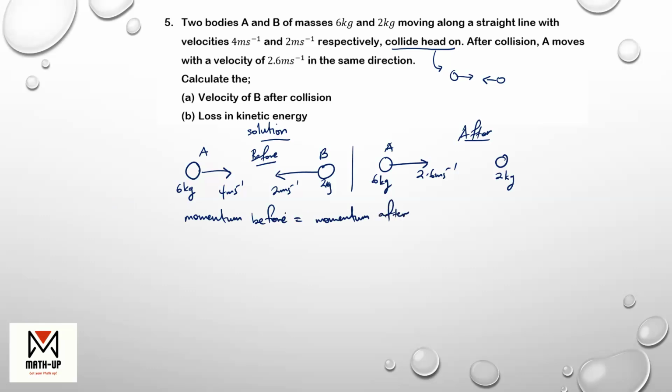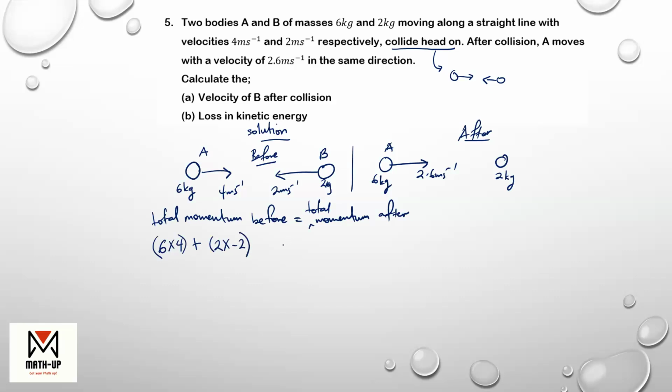So the total momentum before, since we have assumed A to be going to the right, and it's fair to say towards the right is positive: 6 by 4, that's the momentum for A, plus the momentum for B, that is 2 times -2.